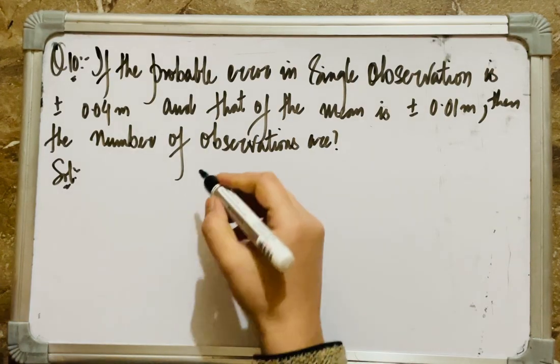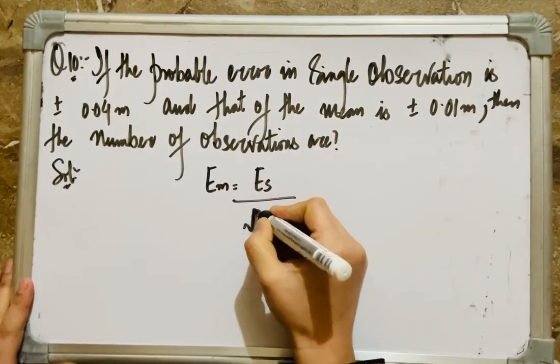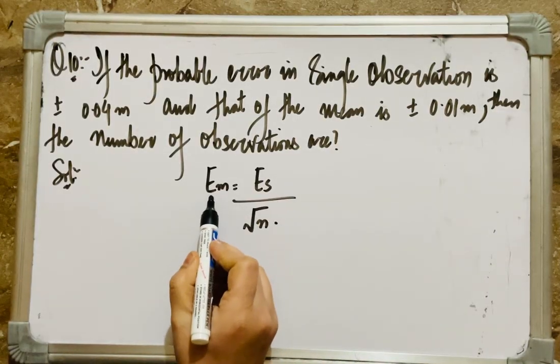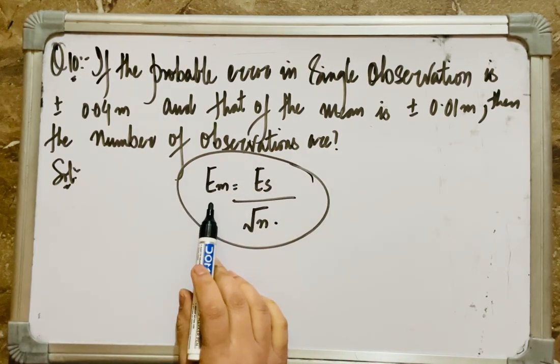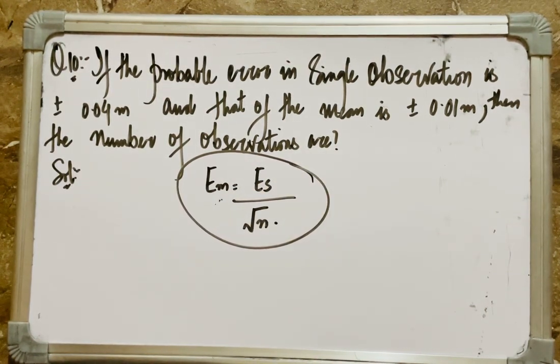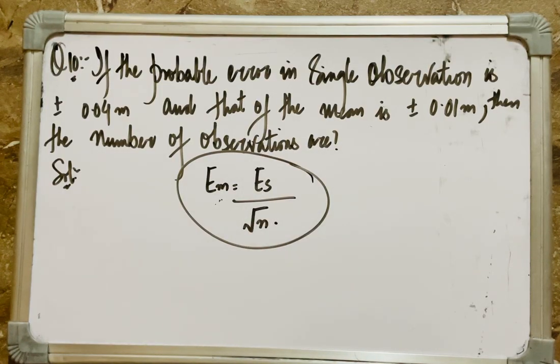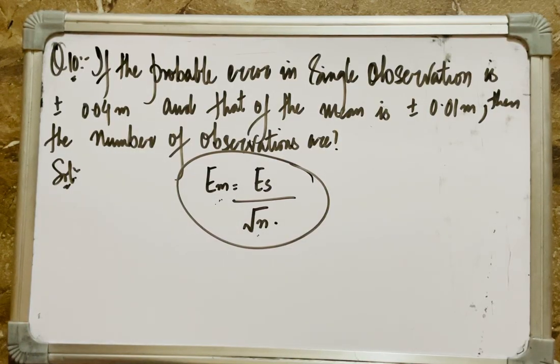We know that the probable error in a single observation and the probable error of the mean are related as follows. The probable error in the arithmetic mean is equal to the probable error in the single observation divided by square root of the number of times observations are made.